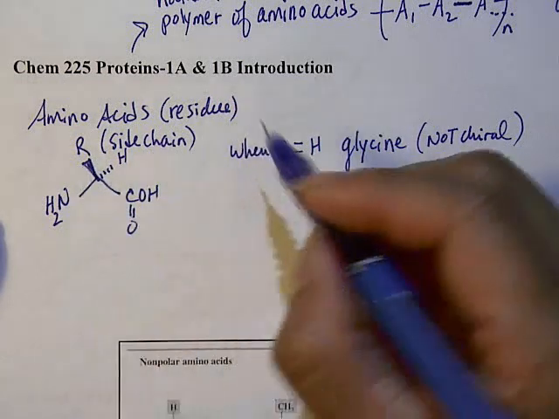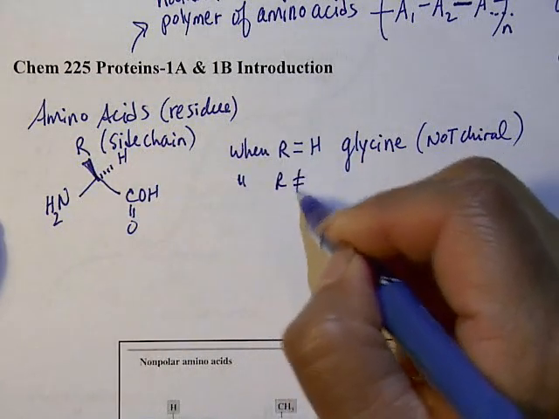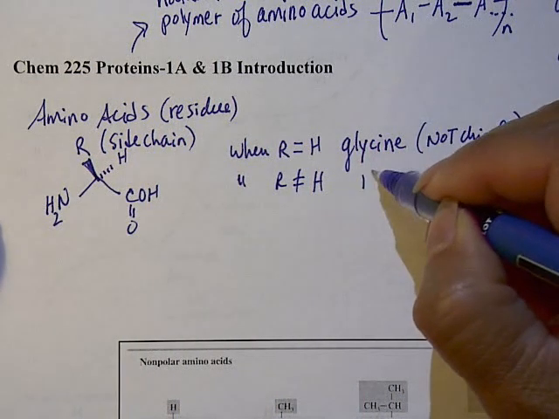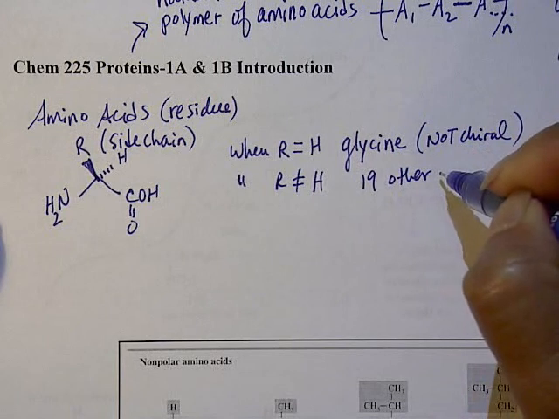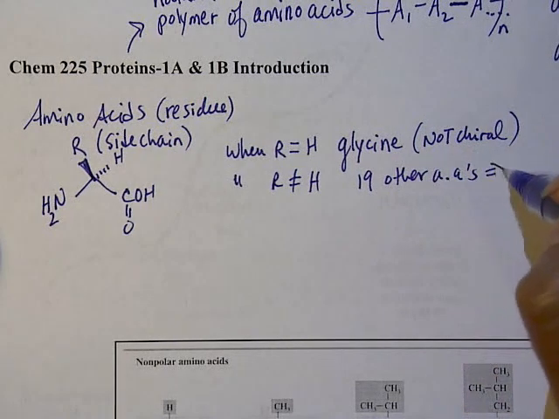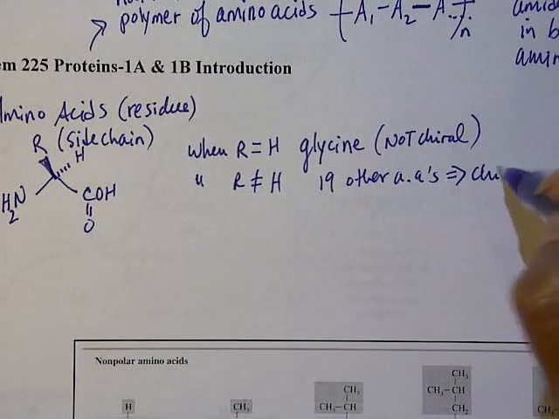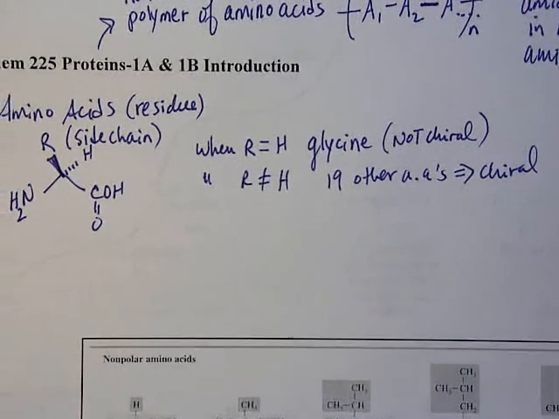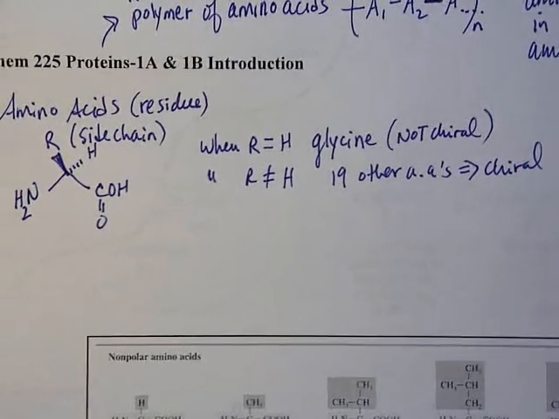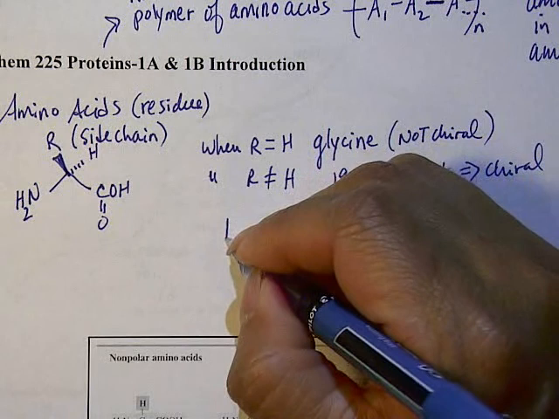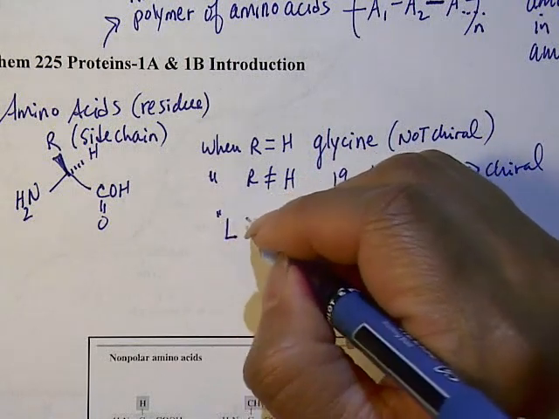As long as R is not H, which is the case in all these other amino acids, the 19 other ones, these are chiral, right? So it turns out that naturally occurring amino acids are L configuration.